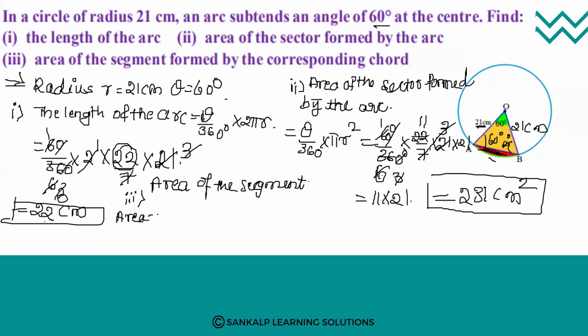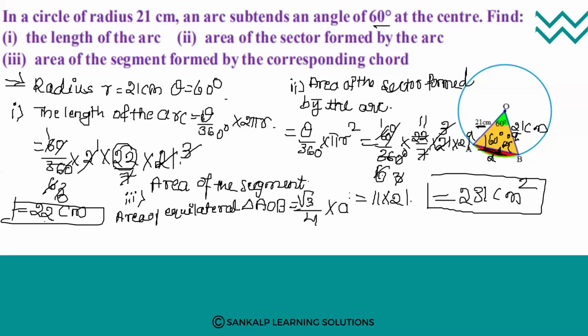Area of the equilateral triangle AOB, right? So area of the equilateral triangle AOB is root 3 divided by 4 into a square. A means what? Side here. So this is a, this is a, this is a, and it is also a square.